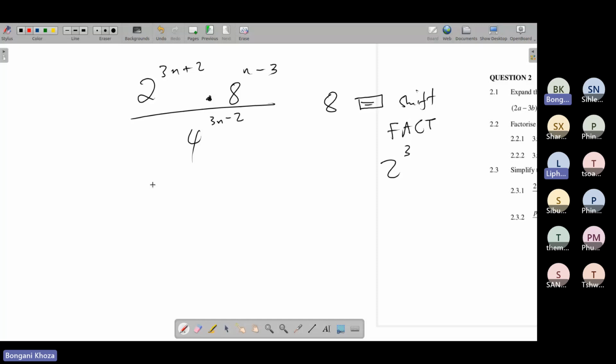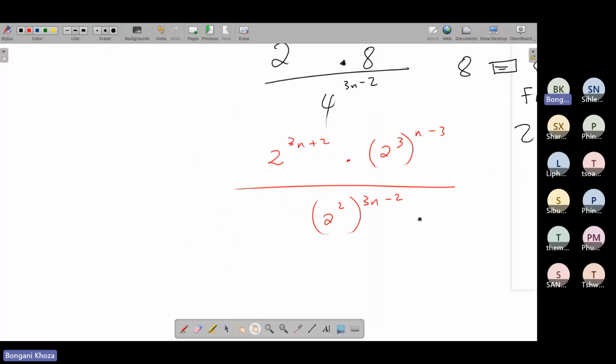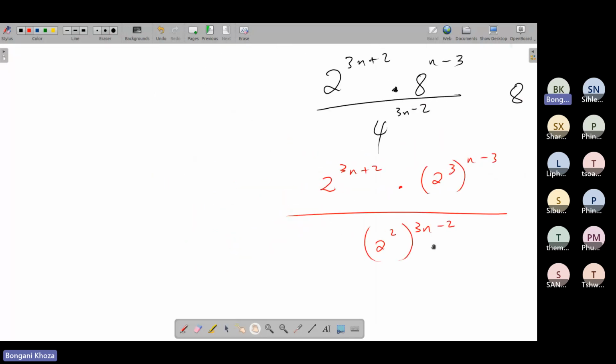So that means this is just going to be 2 exponent 3n plus 2 times. Now we are no longer writing 8, but we're writing 8 as 2 exponent 3, n minus 3 out there, over this. You said it was 2 exponent 2. This is still 4. And then you have that 3n minus 2, like that. Right. Then from here, we just have to remember our laws of exponents.